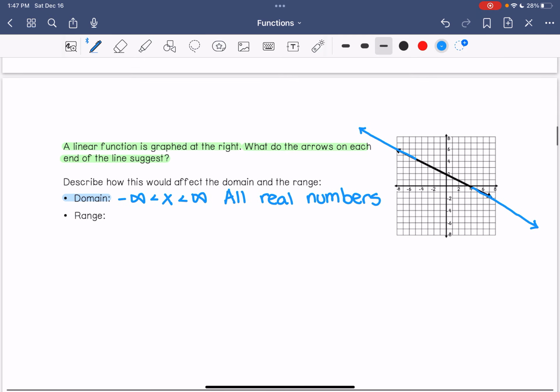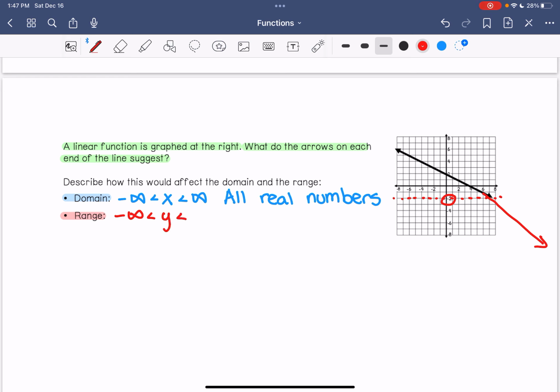And the same thing applies for our range. If we take a look at how tall our graph is, at first, it looks like our graph stops down here at -2. But it doesn't. This arrow takes it down further, all the way to -infinity.